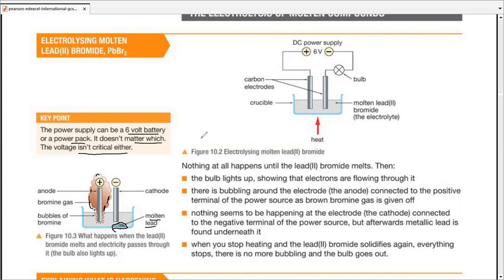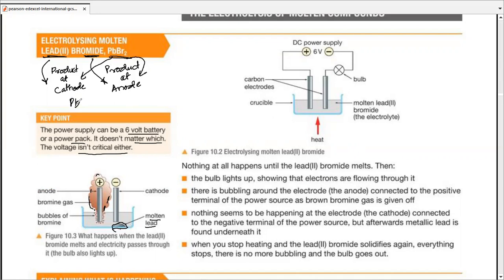Now, what we tend to tell our students is that when we talk about the product at the cathode, or the product at the anode, the good part with writing the formula is that the first part always goes to the cathode, and the second one goes to the anode.